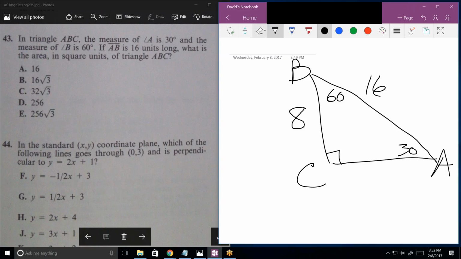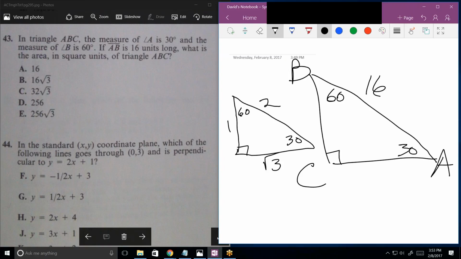Well, let's figure out how I got that. This is very important for trig: what the unit triangle looks like, the 30-60-90. Remember I told you to try to memorize this? Because if you memorize that, then you can figure out the similarity ratio between these two triangles.